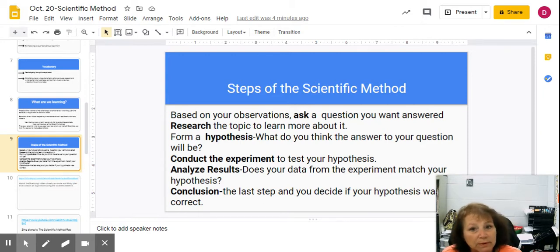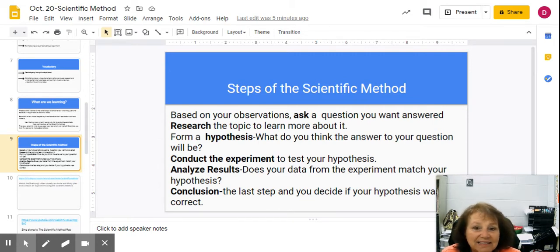Scientists may research the topic to learn more about it, how it works, what it is, what happens. Form a hypothesis. That's just, what do you think the answer to your question will be? Or what do you think the results of your experiment will be?